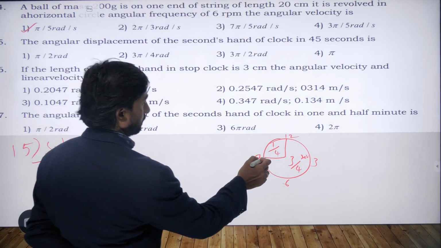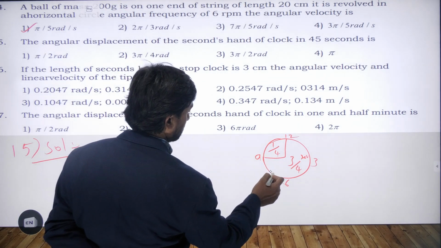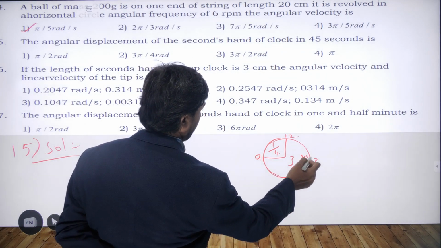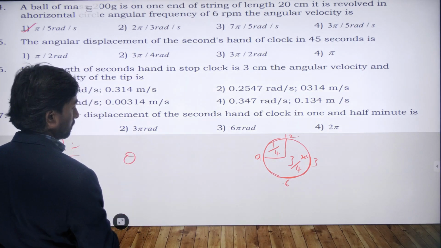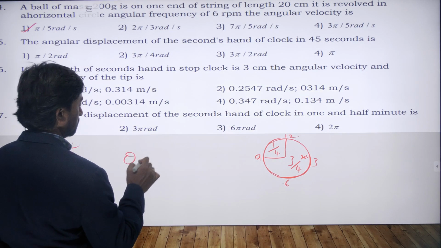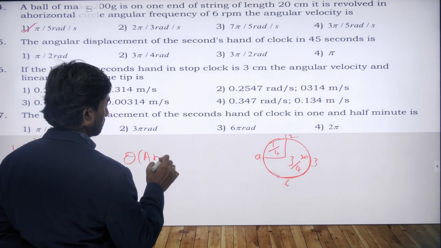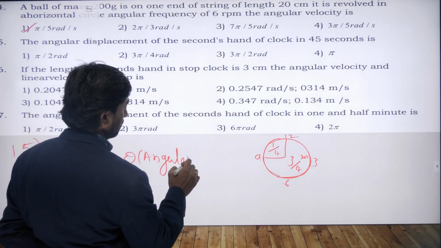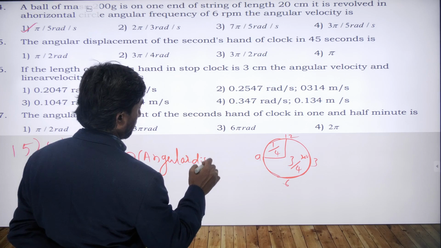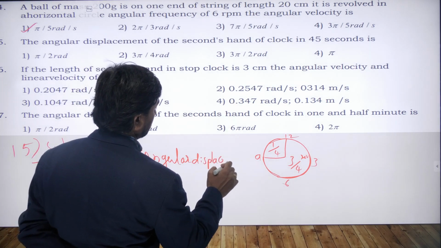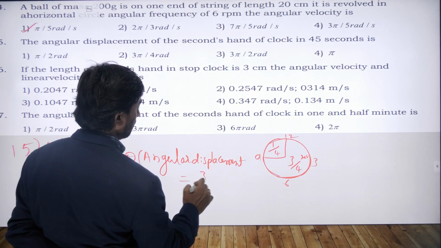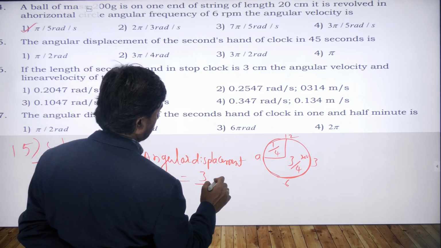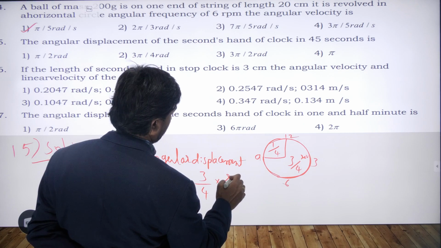So 3 by 4th of the revolution means this angular displacement. This one they are asking. What is the angular displacement? So here the angular displacement theta is equal to 3 by 4th of a revolution, 3 by 4th into 1 revolution.